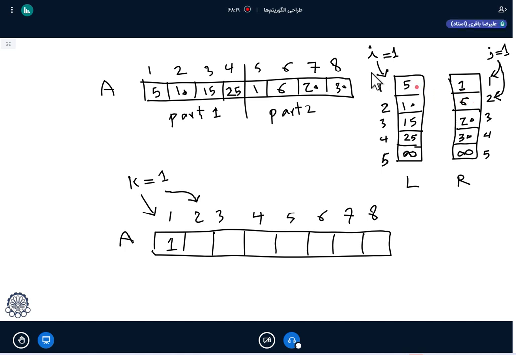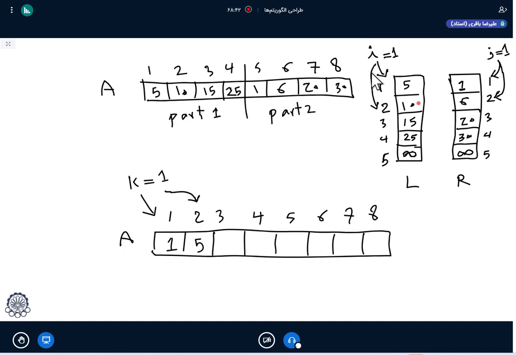Any of them that is minimum is copied to the array A and its index is increased. Here between 5 and 6, 5 is minimum. So 5 is copied to array A and its index is increased by 1.